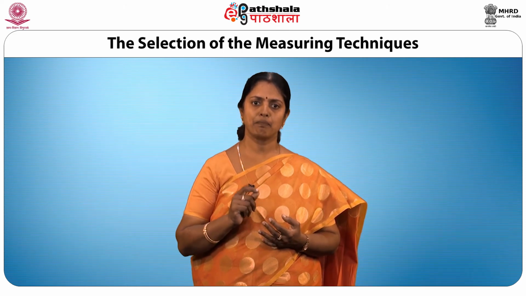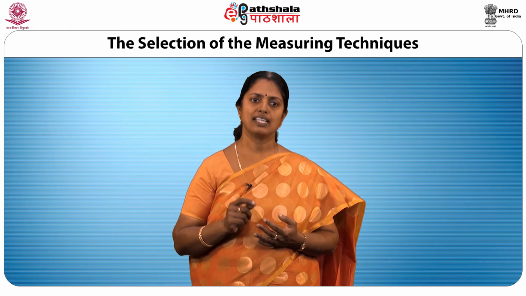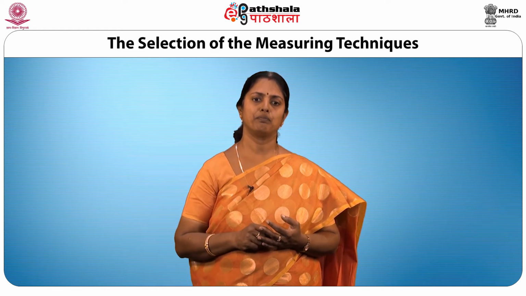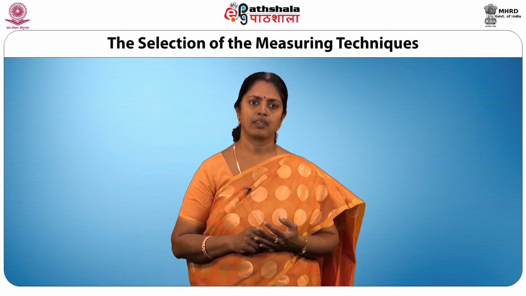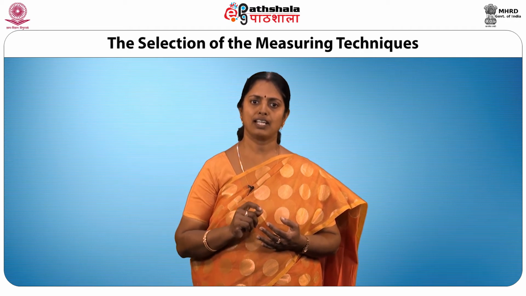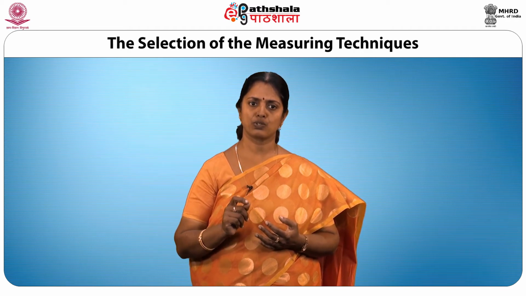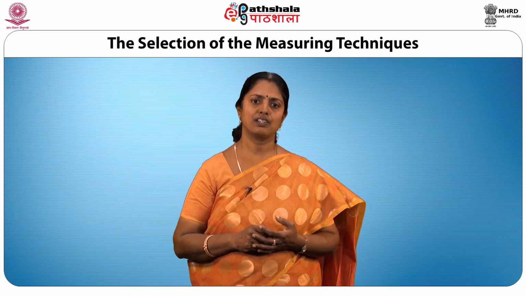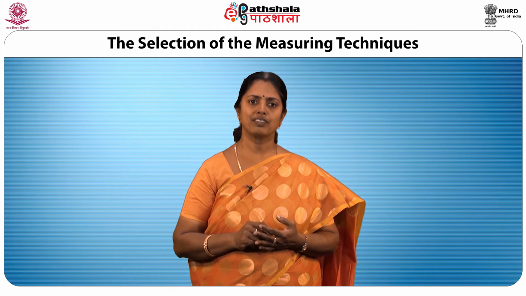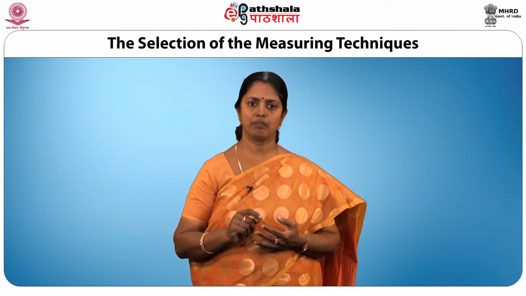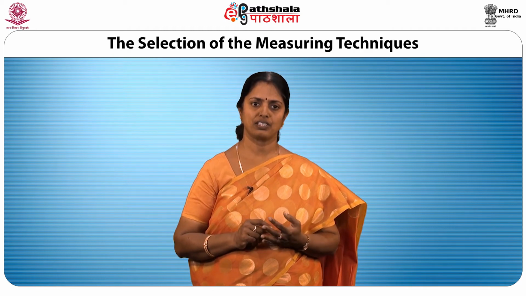The third step in the strategic control process is the selection of the measuring techniques. One of the most difficult tasks in measuring the actual performance is the selection of an appropriate measure. The choice of the appropriate measuring technique depends on the performance factor to be measured.